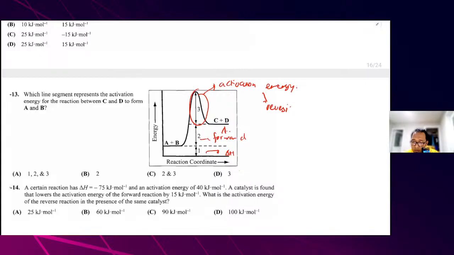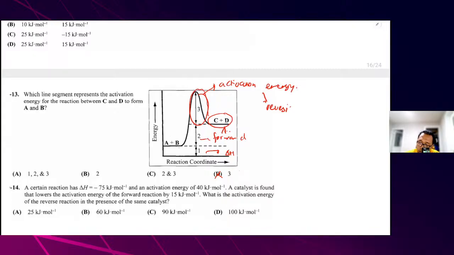Okay, the activation energy for C and D to form A and B should be only 3. Number 13 should be D. Just remember this one: you can imagine this is the reactant, going up and then down again till here.